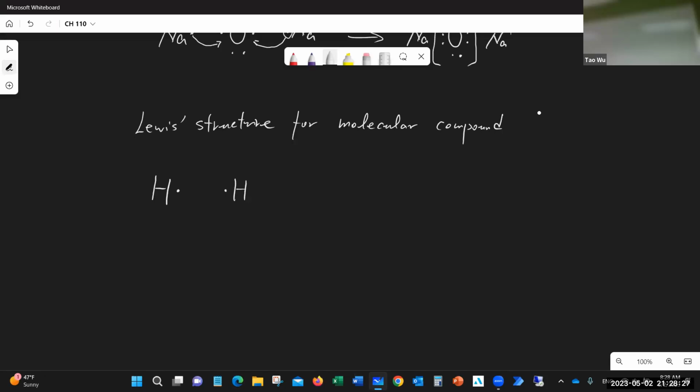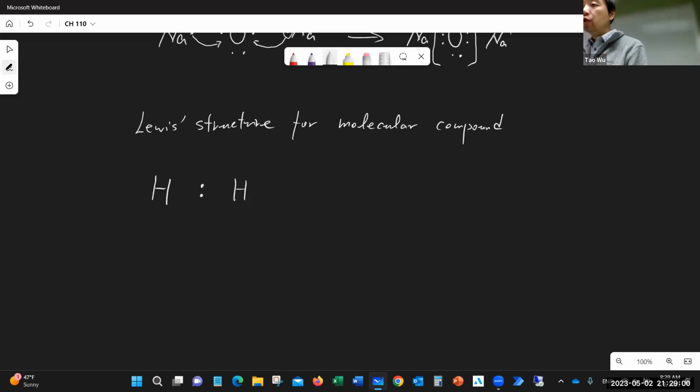So this is what happens to the electrons for molecular compounds. They're not going to completely gain or lose electrons, because nobody can do so. Instead, they share the electrons. Those two dots are not going to go to either side.